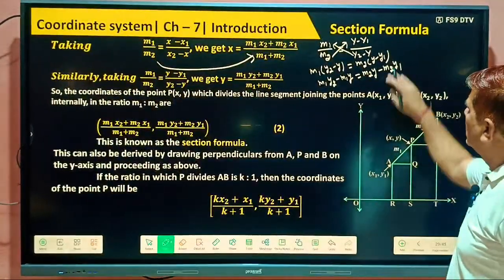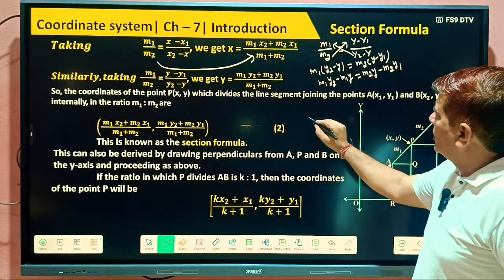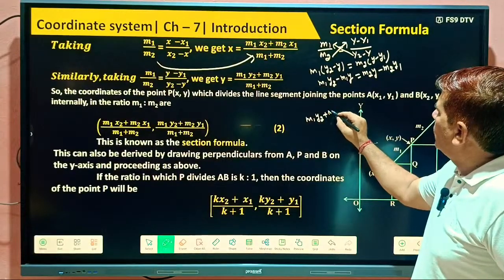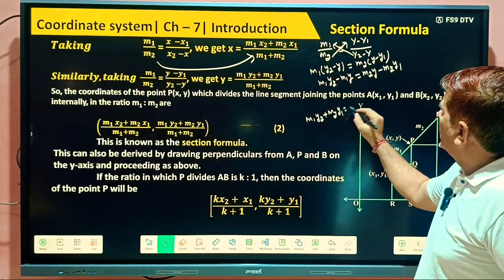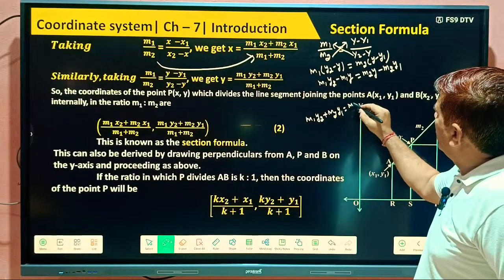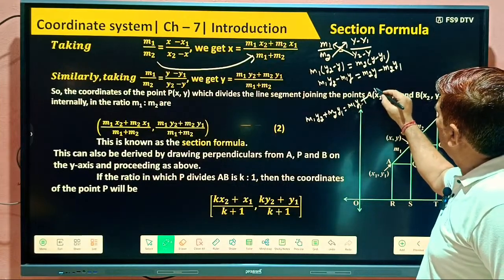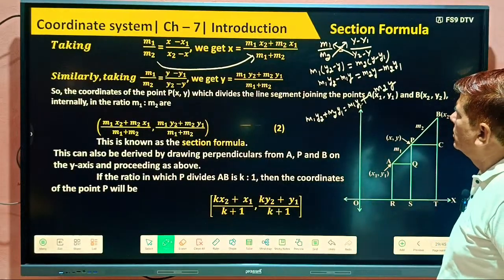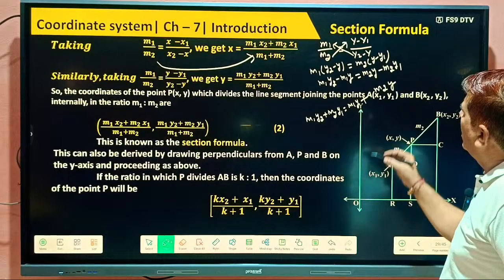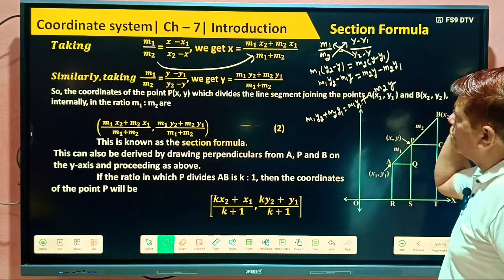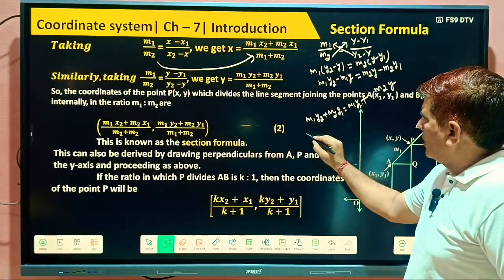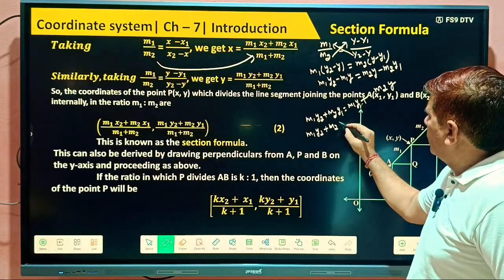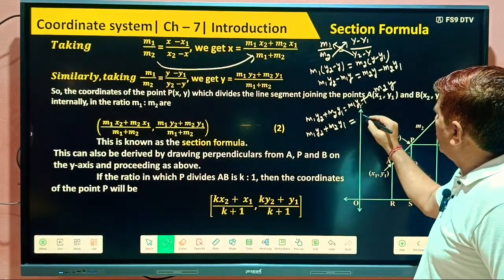Same procedure, take this to that side, so it becomes M1 Y2 plus M2 Y1 equal to M1 Y plus M2 Y. What's common?